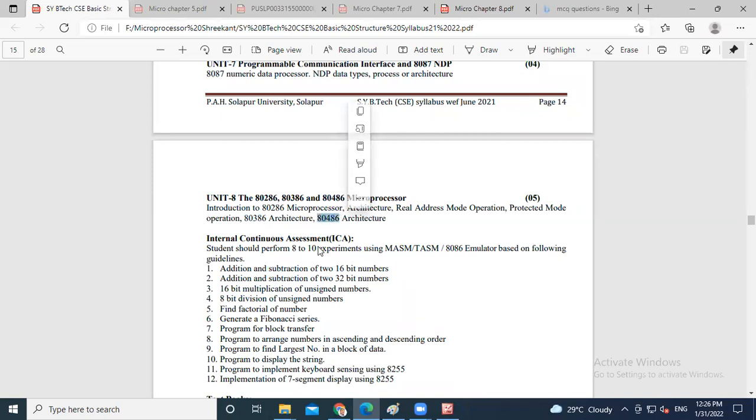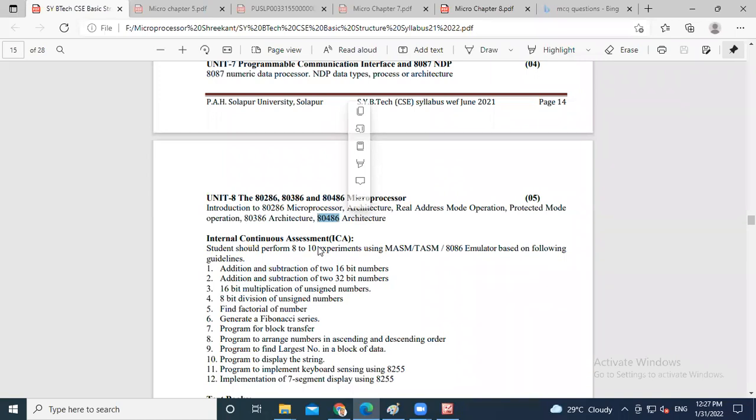We only have to study the architecture or block diagram and the modes of operation in this unit number 8. If we study the architecture of these 3 chips, it means your microprocessor syllabus is over.